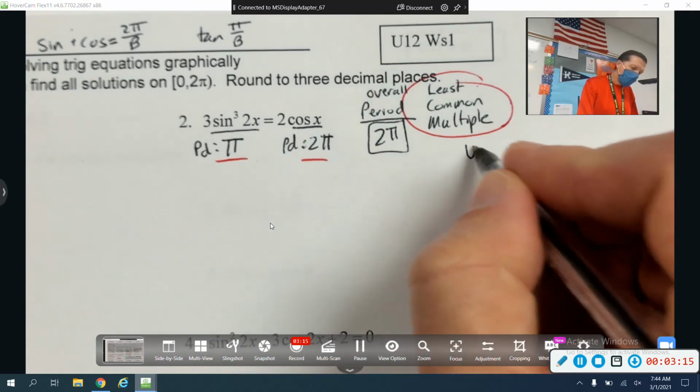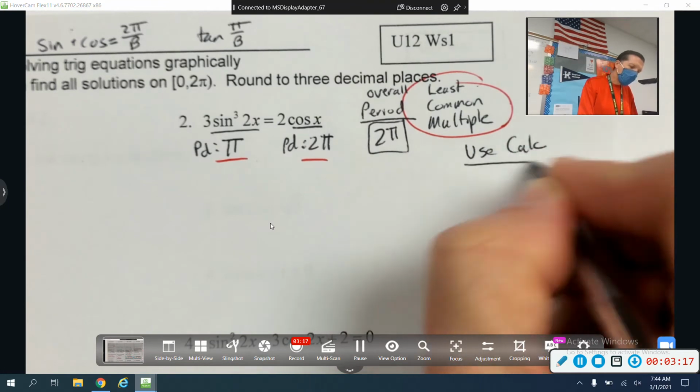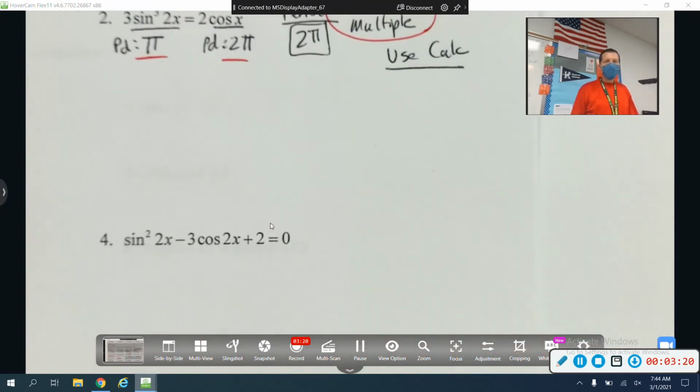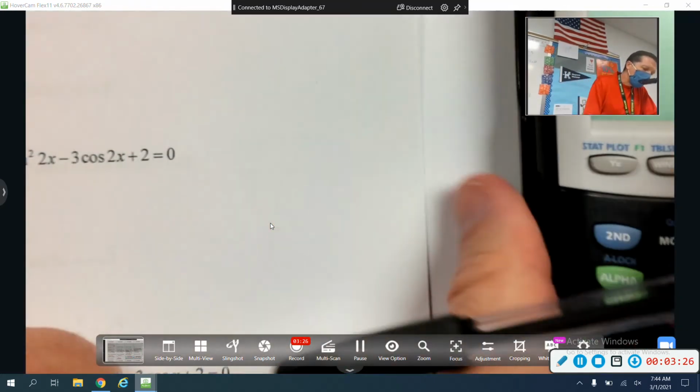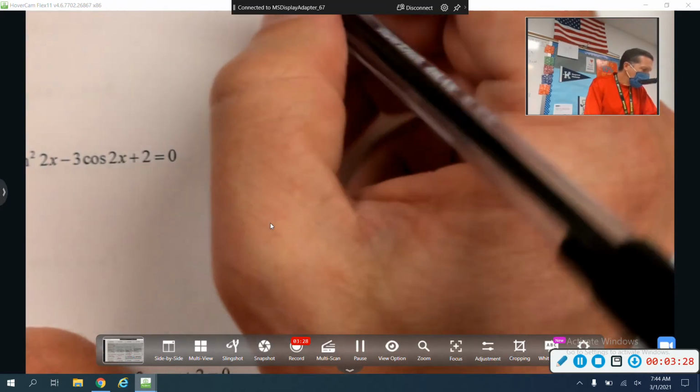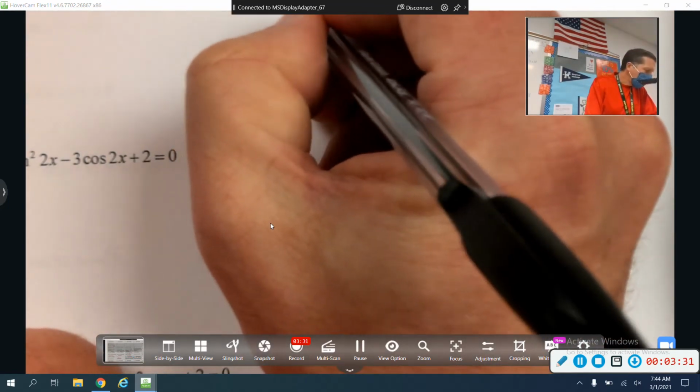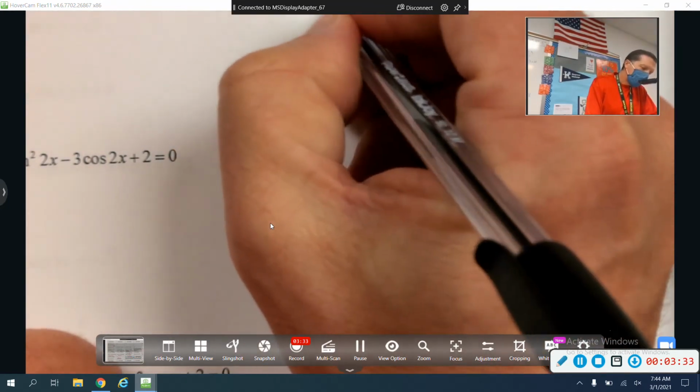All right, let's talk about using the calculator to solve. This is super important, a very important skill in calculus, using a calculator to solve an equation. Let's first say our calculator has to be in radians.